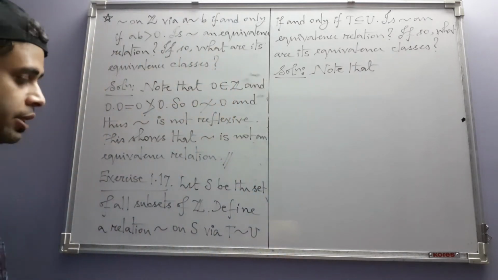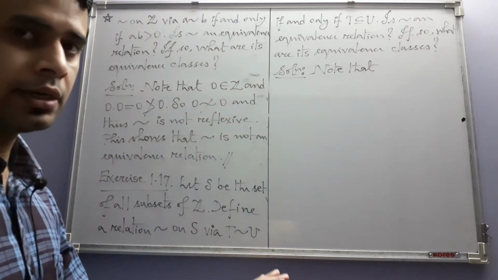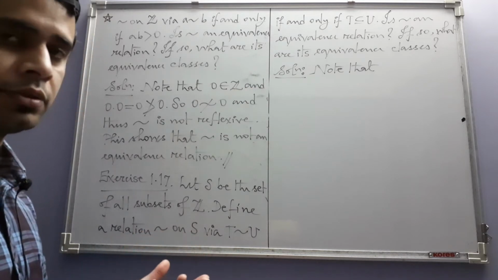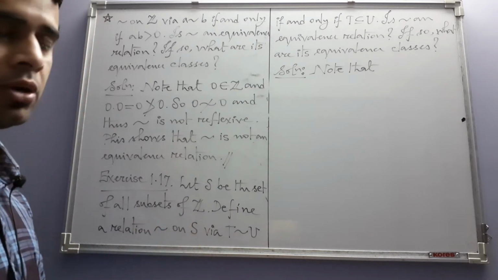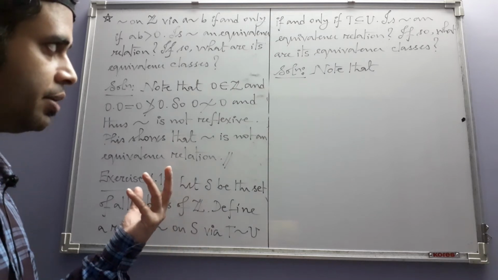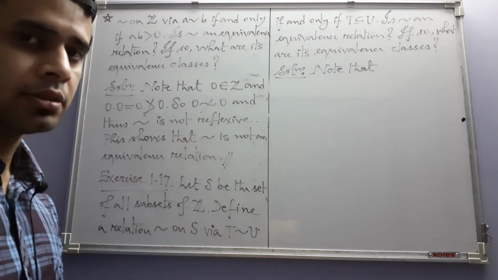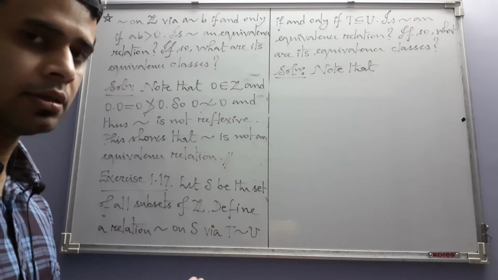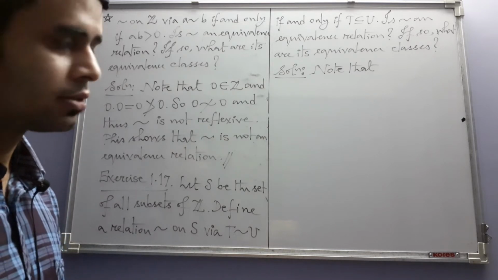Now before we proceed and write something, a few words about this type of problem. Even before you write the solution, you should somehow see in your mind whether the relation is or is not an equivalence relation.